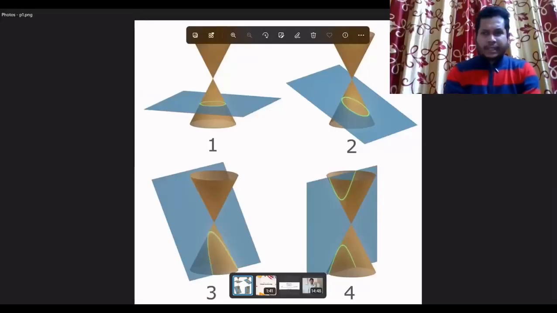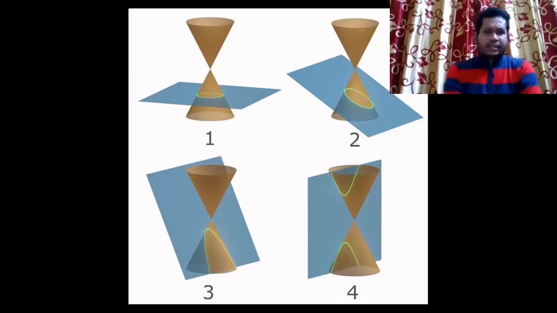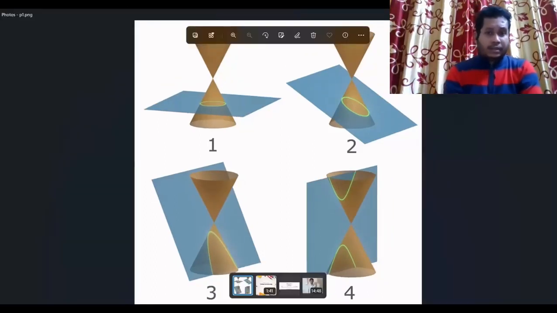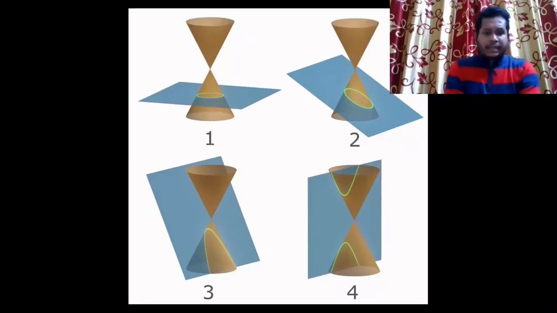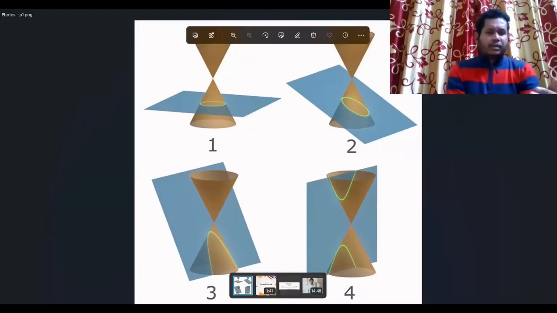Okay, now the first case, which is our circle. In this scenario, we'll first see what the different conditions with alpha and beta are in which this particular conic section is formed.